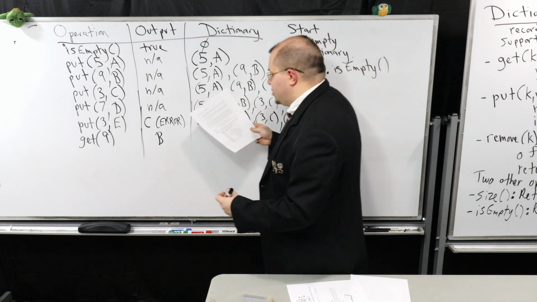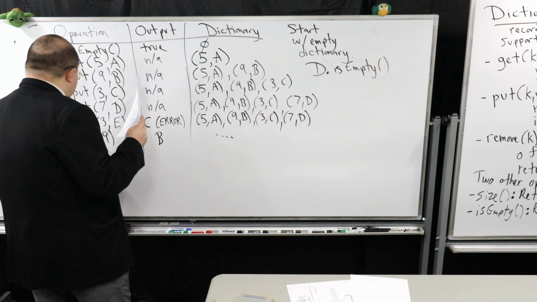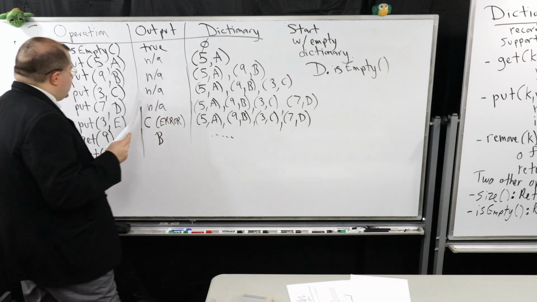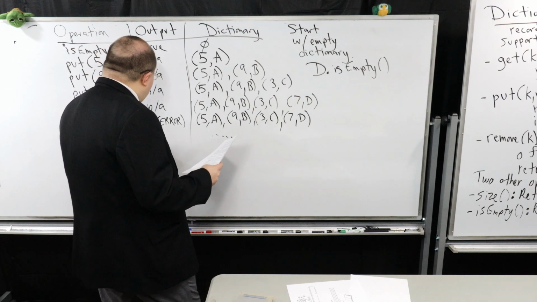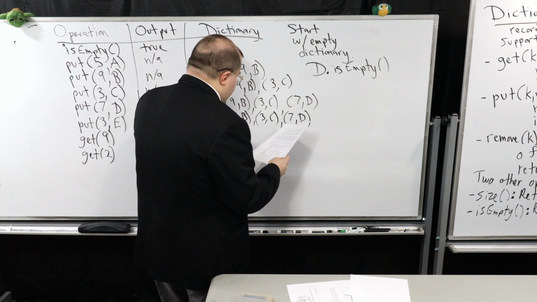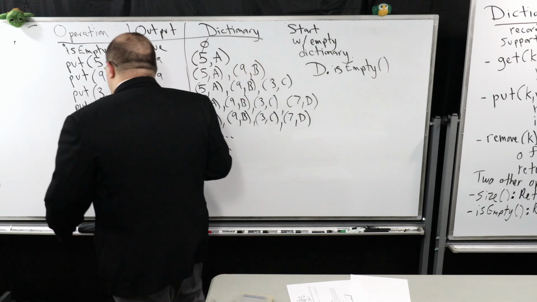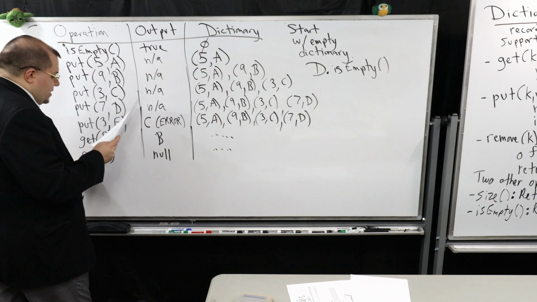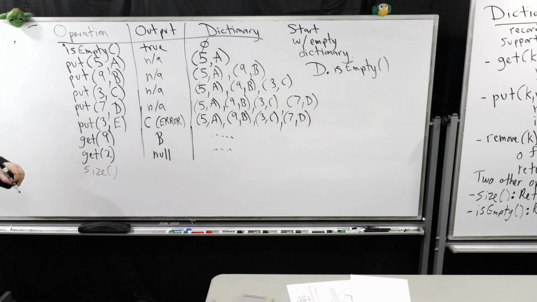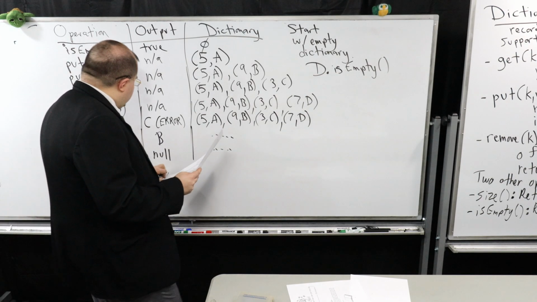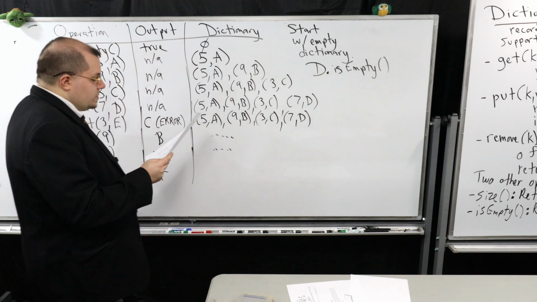If I attempt to get 2, notice that I have no record with a key 2. So in this case, it will return null. Nothing's changed. If I attempt to get the size, let's try getting the size of our dictionary. So far, I have only 4 records in here. So it will get 4.